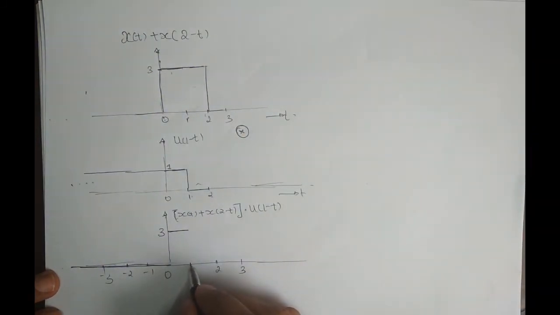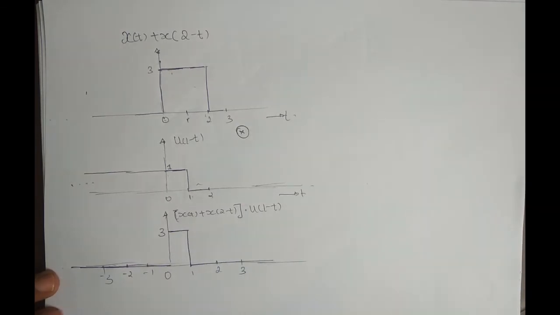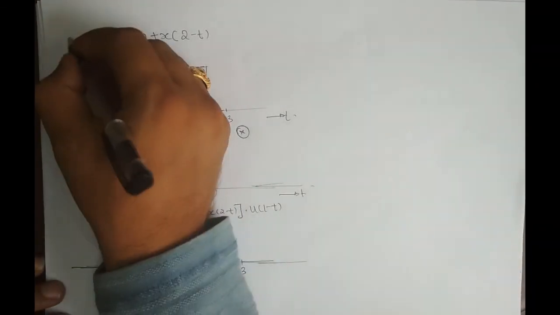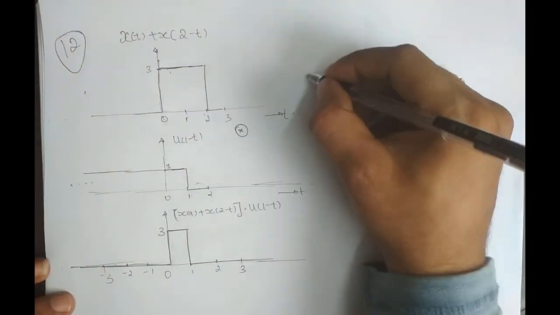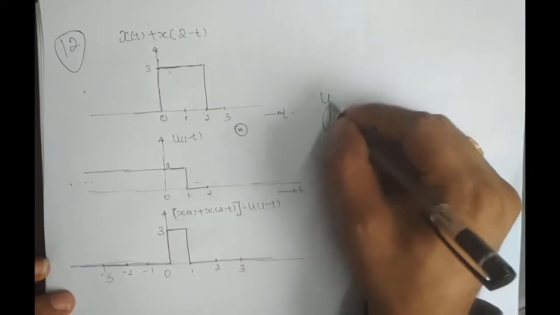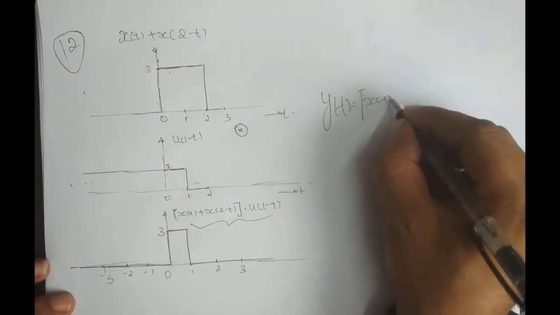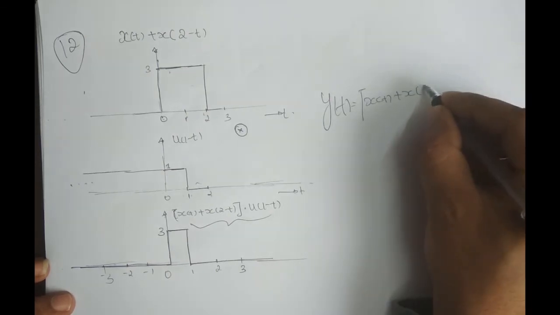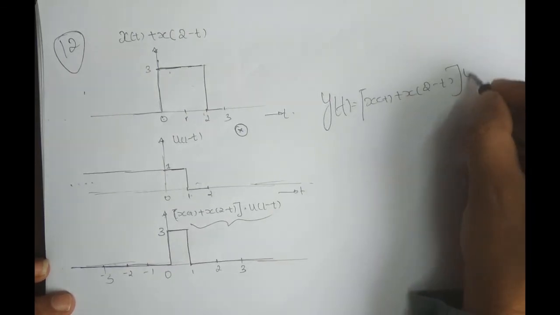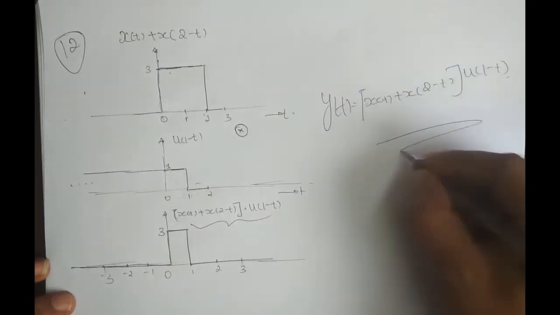So starting from t is equal to 1 till t is equal to infinity, I get 0, right? So this is our problem number 12, which is y of t is equal to this part, x of t plus x of 2 minus t into u of 1 minus t.